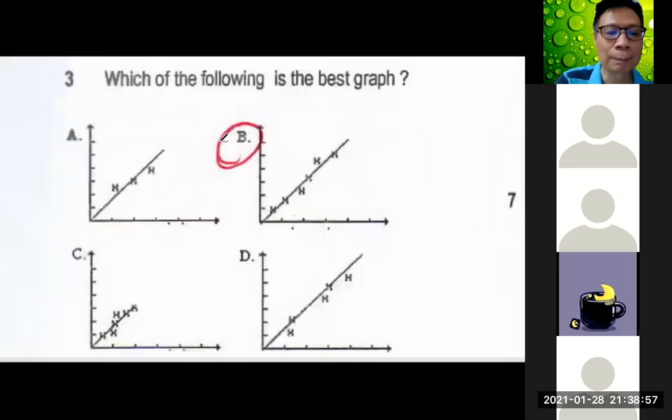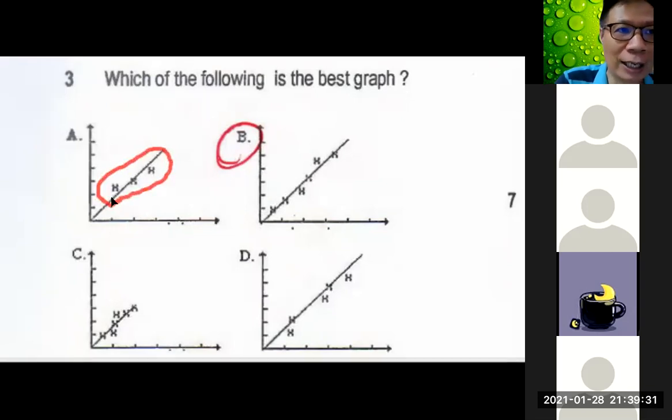Have a look here now. Why is A wrong? Hey, you must know why this one is wrong. Alia, why is this wrong? A. Too short, or I think it's too short. Yes, too few points.